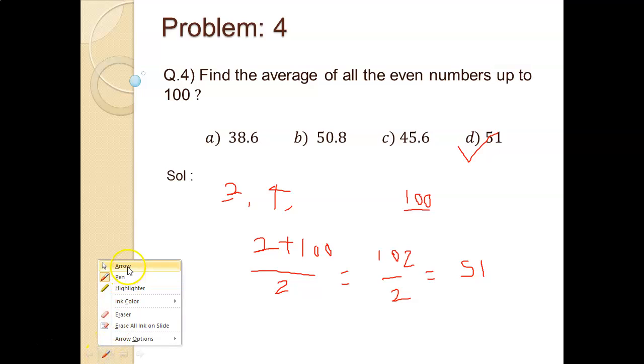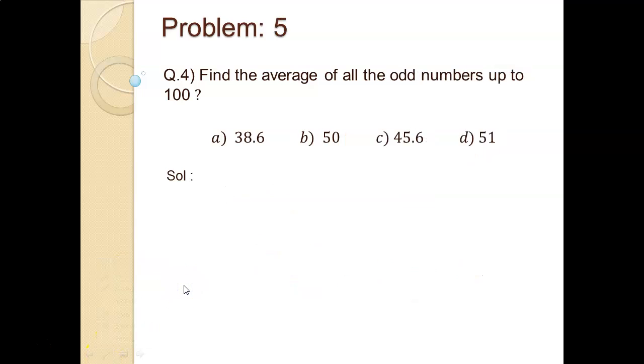So the last example: find the average of all the odd numbers up to 100. There are 4 options given. So what is the right answer? So let us see. Now the same trick is used. The odd numbers start from 1.